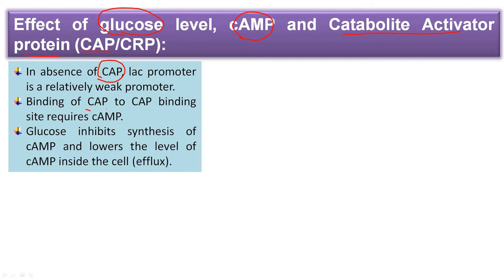Second, binding of CAP to the CAP binding site requires cyclic AMP. It means that if cAMP is absent, CAP alone cannot bind to the CAP binding site to allow the binding of RNAP to the promoter. Now comes the role of glucose.